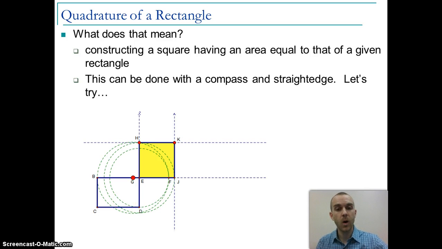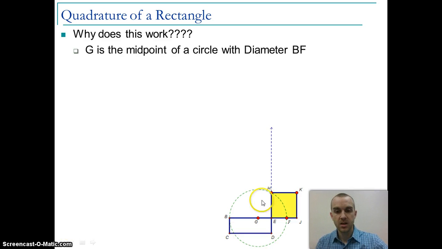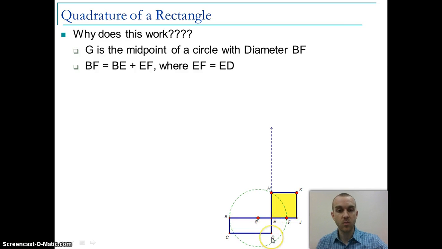The question is why? So if I think about what I have here, G is the midpoint of BF. Well, BF is the same thing as saying BE plus EF, and we know that EF and ED are the same because we made that as a radius of this circle with center E. So what I can say is that BF is really BE plus ED.